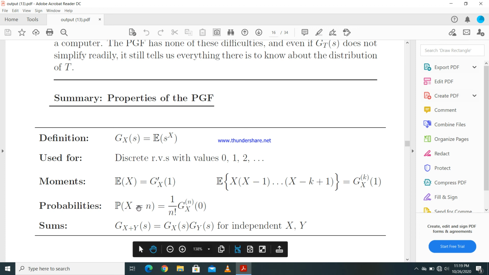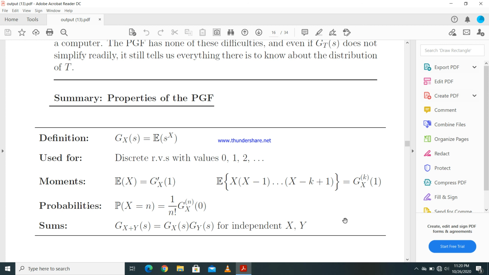For example, for the probability of X equal to 2, you take G double dash, substitute 0, and divide by factorial 2. And if your random variable is a summation, you can replace the probability generating function by the multiplication of the probability generating functions if the variables are independent. These are the things we discussed so far.